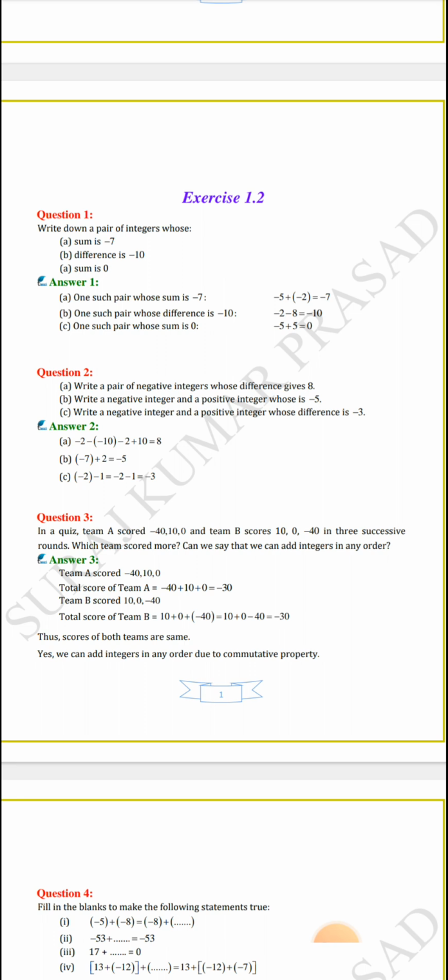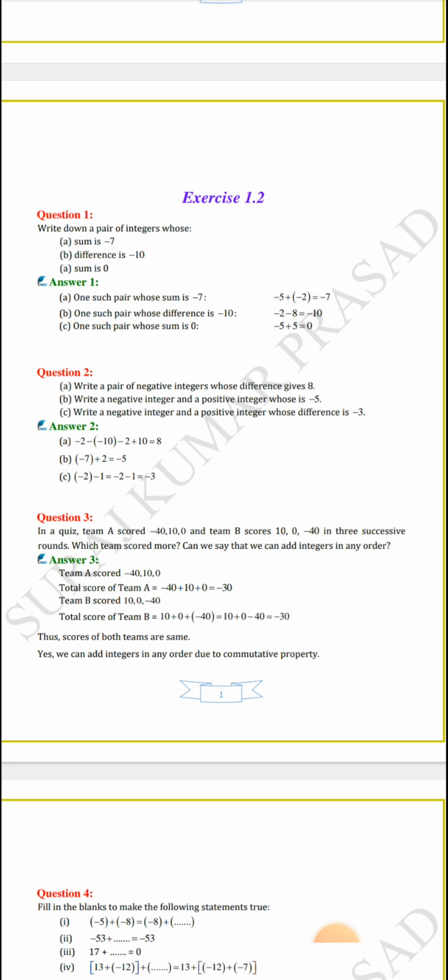Question number 3. In a quiz, team A scored minus 40, 10 and 0 and team B scored 10, 0, minus 40 in 3 successive rounds. Which team scored more? Can we say that we can add integers in any order? Answer.